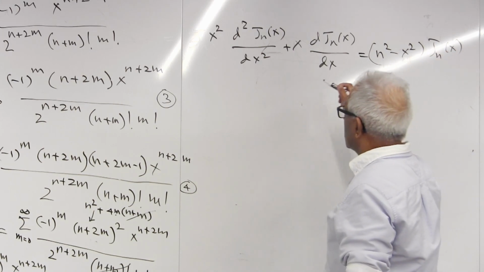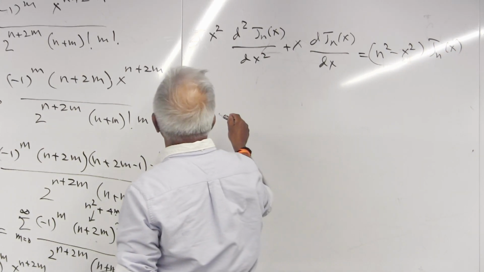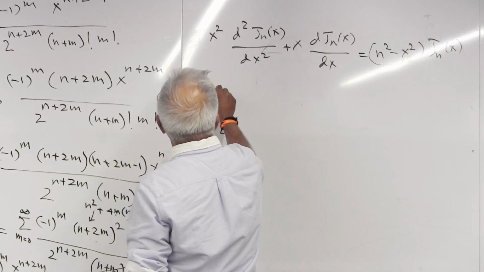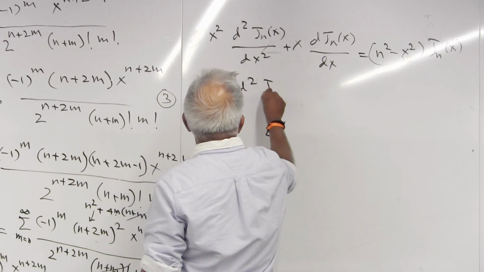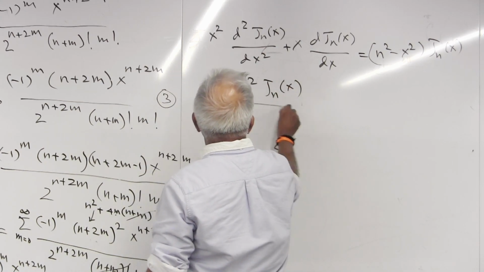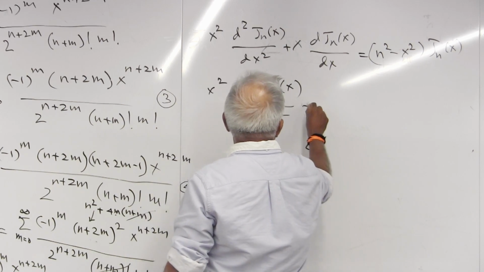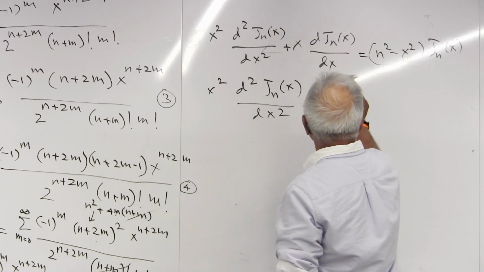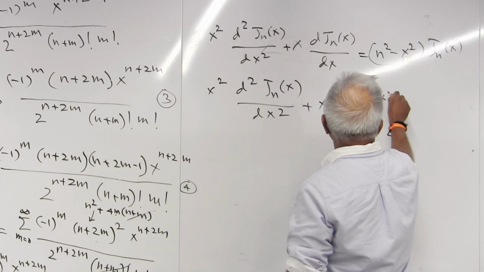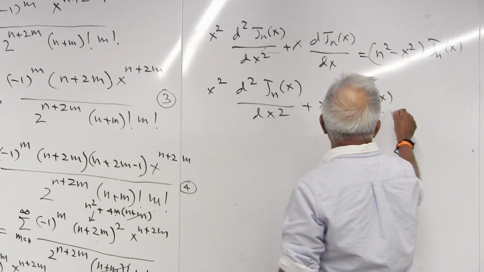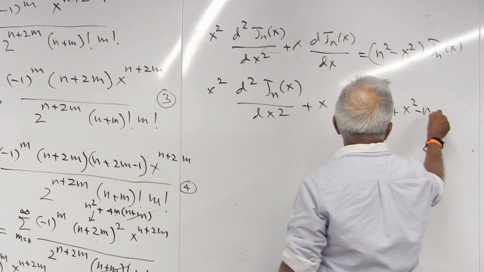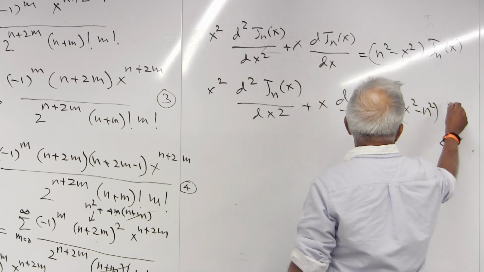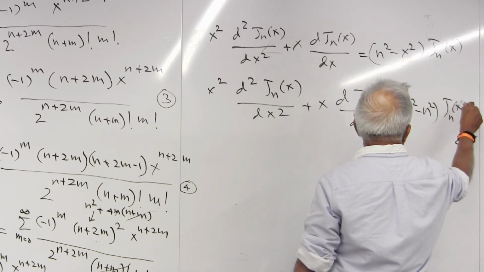So this is written in this form, x squared d squared Jn. So whenever we see a differential equation of this form, then its solution is the Bessel function of order n.